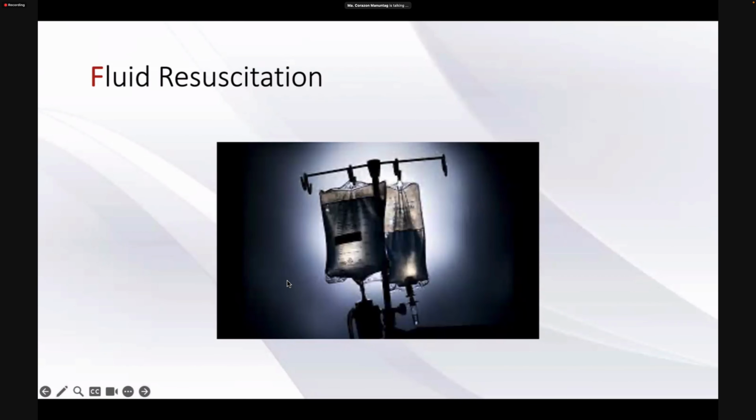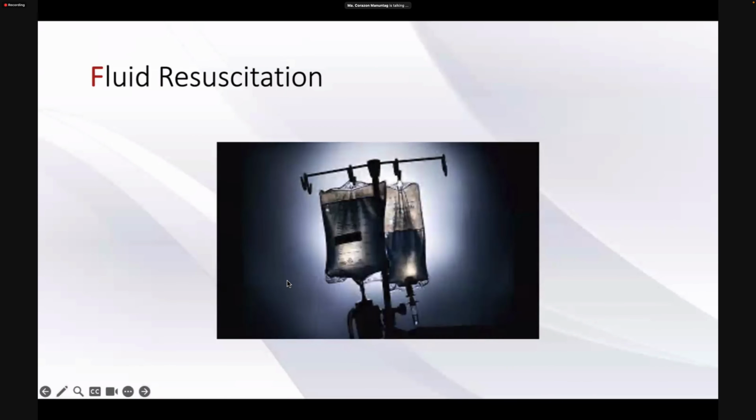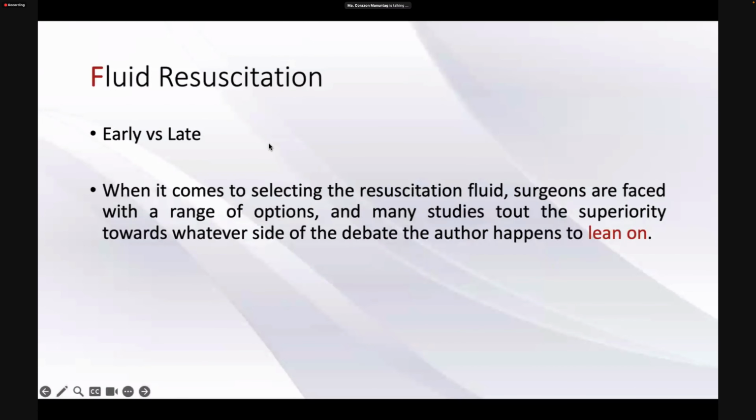So plain isotonic fluid closest to the osmolality of your blood ang pinaka-ideal pa rin. So fluid resuscitation, early versus late. When it comes to selecting the fluid resuscitation, there is a wide range of options. However, superiority is based on a lot of debate.